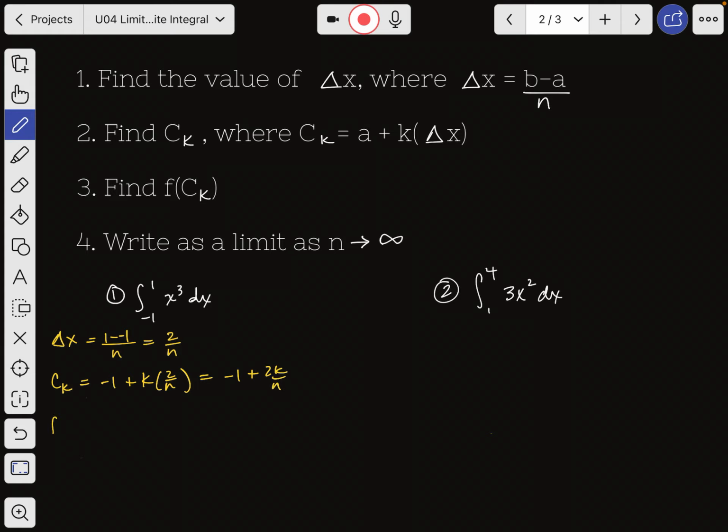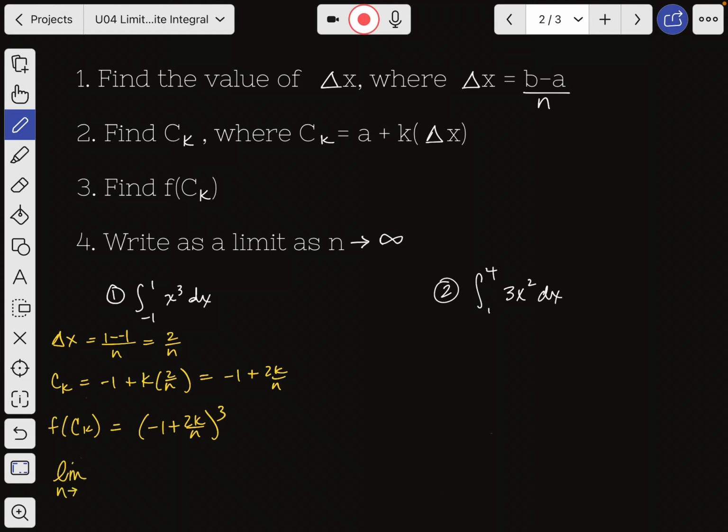All right, step 3 says find f of c sub k. So this is the function evaluated at c sub k. Our function is x cubed, so this is going to be (-1 plus 2k over n) cubed. And the last step is to write as a limit as n approaches infinity.